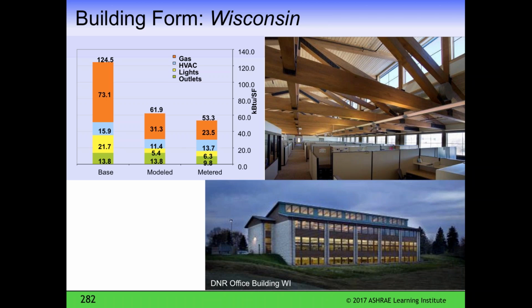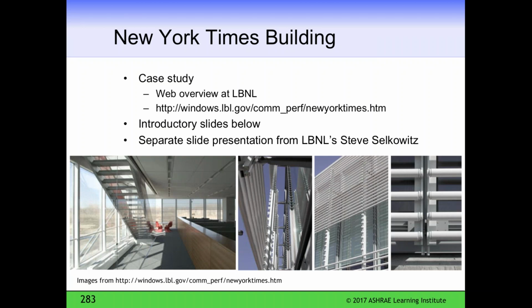So these are two just example designs for small buildings. Now let's shift gears and look at a high-rise building in Manhattan, the New York Times building. That was a case study. This building used extensive pre-design analysis.